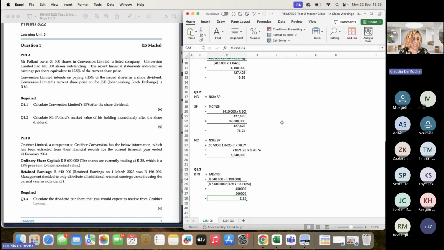So we get 2.25 Rand per share. And that's our answer. Any questions on this question?